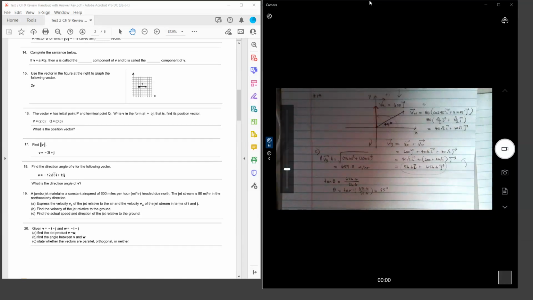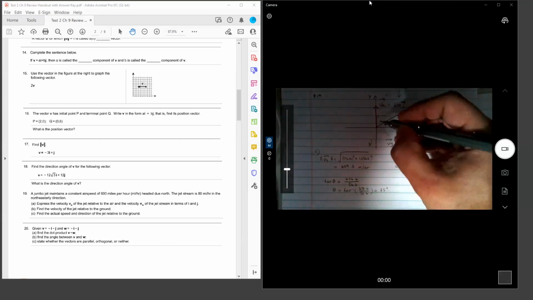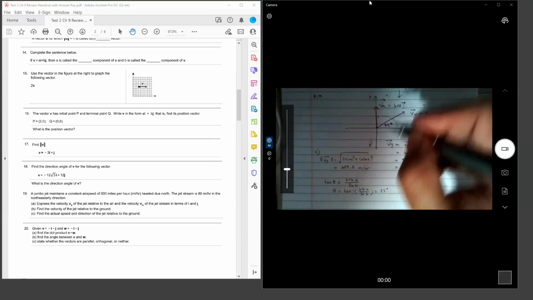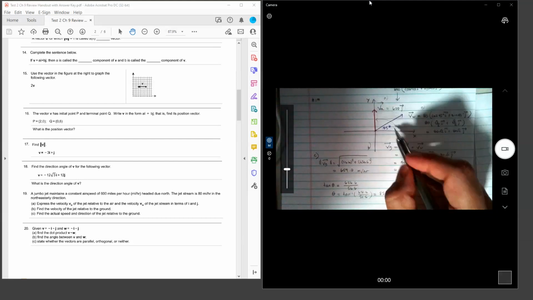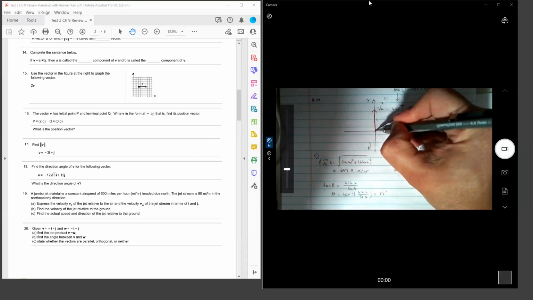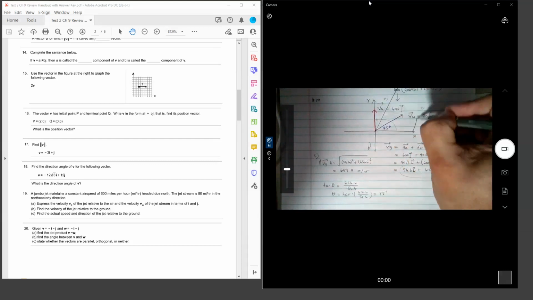Okay, 85 degrees. So what we have is that the aircraft is not necessarily flying at a 90-degree angle with the x-axis. Instead, it is flying in this direction, 85 degrees.